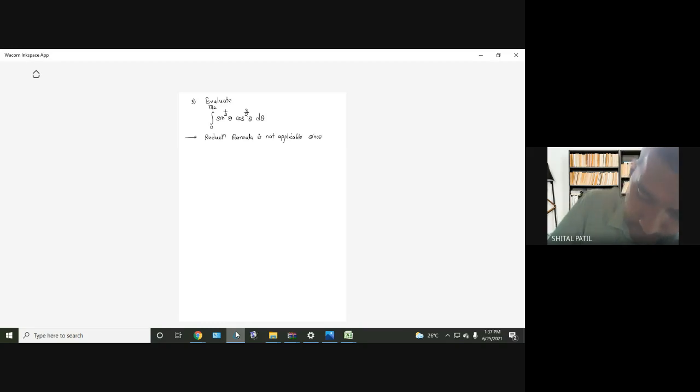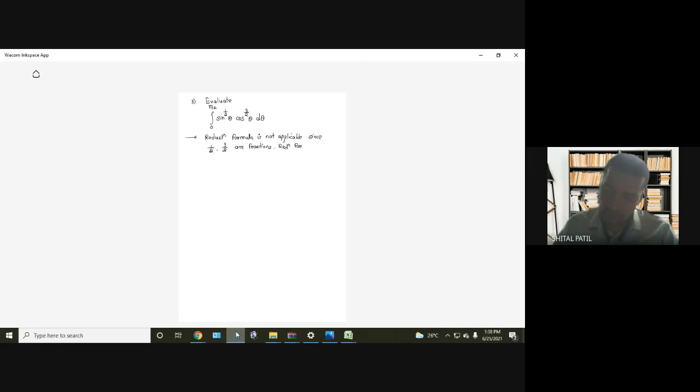since half and 3/2 are fractions, and the reduction formula is valid whenever m and n should be whole numbers. You can write it.